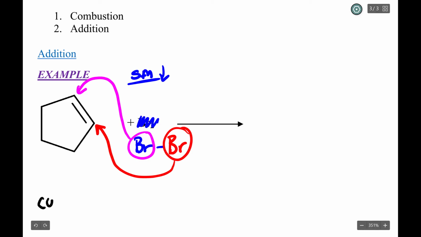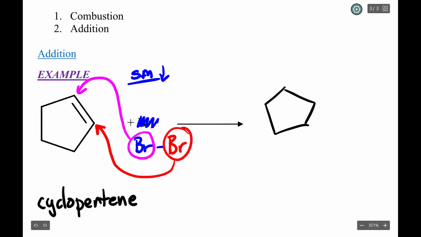So here we have cyclopentene, and what we're going to end up with is a 1,2 dibromocyclopentane.